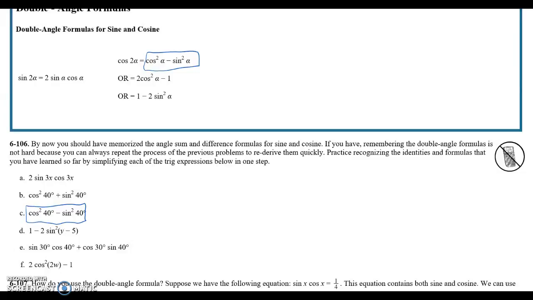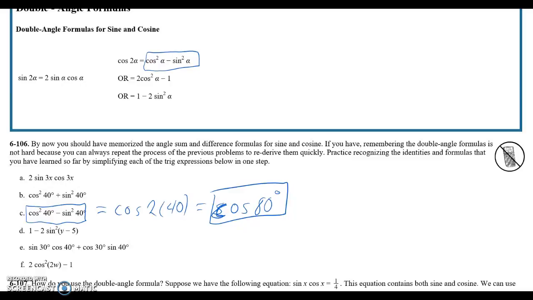Now this equation is saying that cosine squared of alpha minus sine squared of alpha is equal to cosine of 2 times alpha. Well, alpha is 40. So cosine of 2 times 40 simplifies to cosine of 80. So that's it. There's the simplified version using our rules.